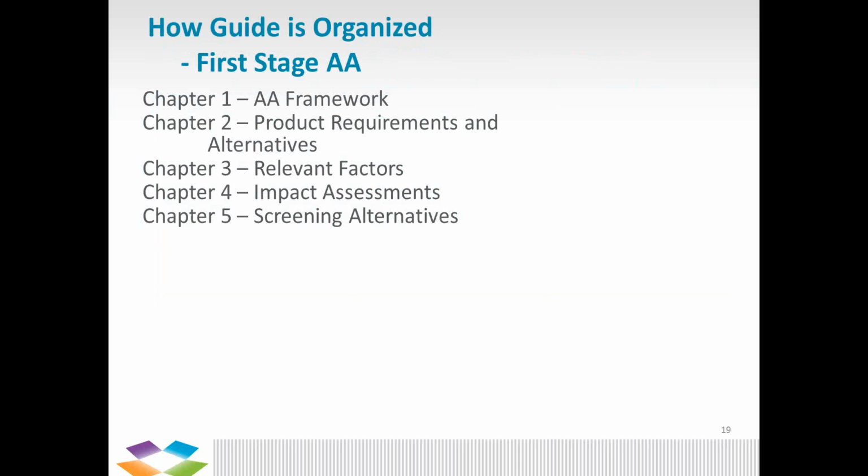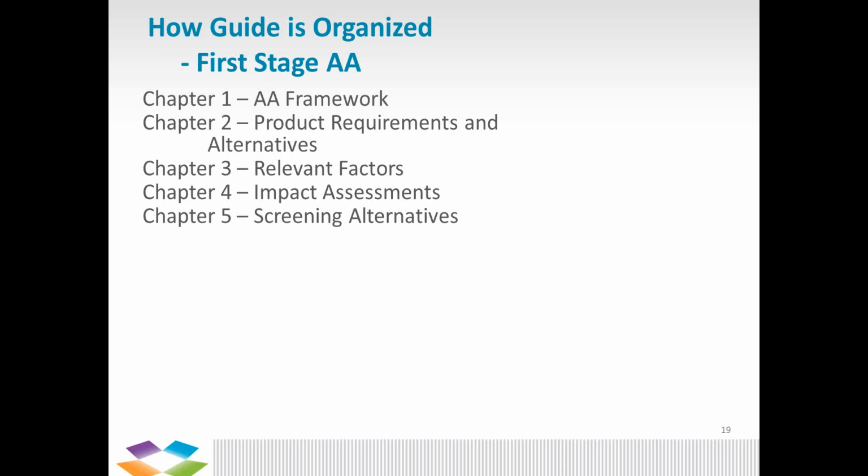Just a quick first stage AA snapshot: it really focuses on looking at what the product requirements and known alternatives might be, identifying relevant factors, starting impact assessment, and screening alternatives.